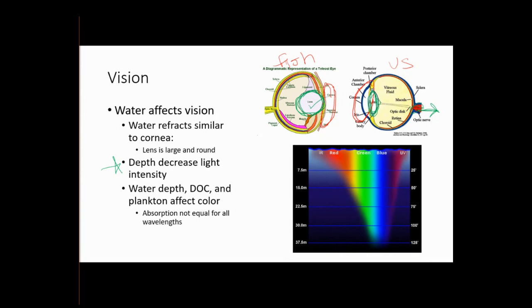The other thing that we're going to see as we go deeper is it's not just overall light. It doesn't just get darker as we go deeper, but also things like color. So if we look at the image we have on the right here, color does not equally get lost as we go deep. Different wavelengths of color are able to penetrate deeper into the water.